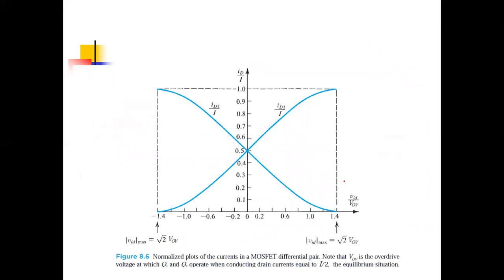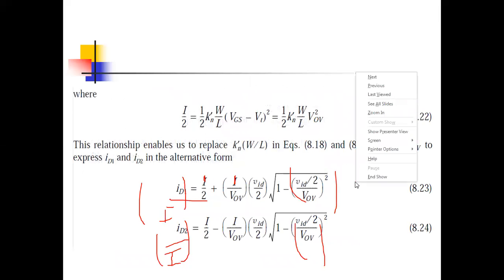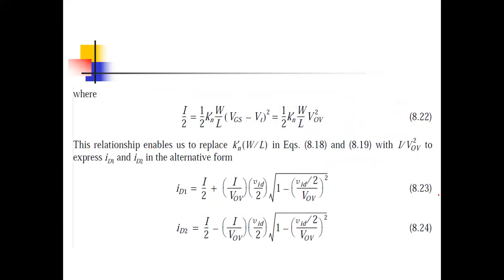Okay, now see how. When VID over VOV increases, see the difference. When this second term increases, since it is in minus, ID2 will decrease, but ID1 increases.